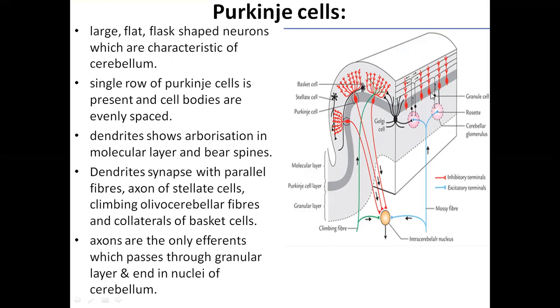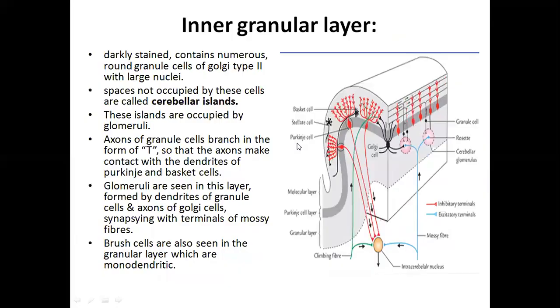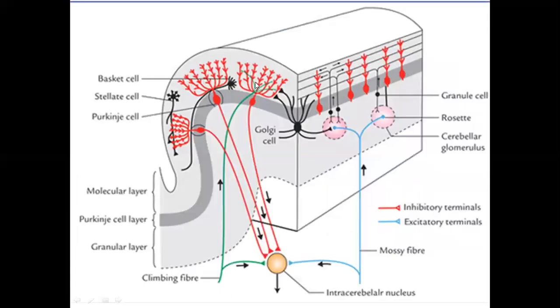As you can see here, cell bodies are evenly spaced, the same millimeter space between the Purkinje cells. Dendrites show arborization, that means this branching pattern in the molecular layer, and their spines. Let me show you. This is arborization, and the spines are seen in which layer? The upper one, the molecular layer.